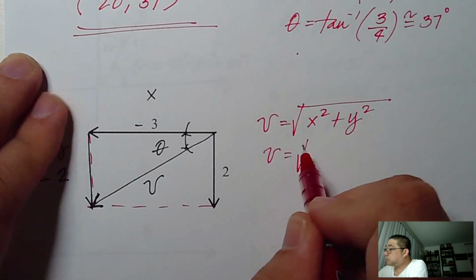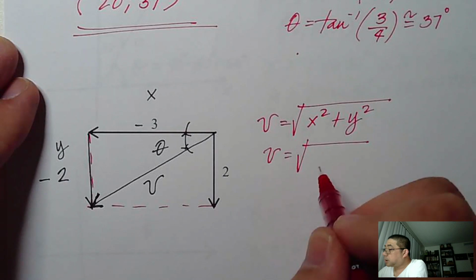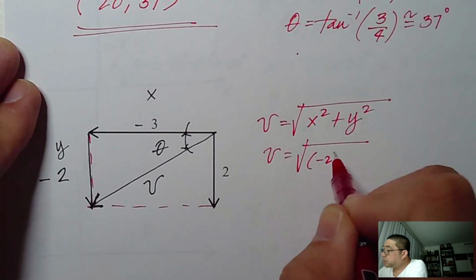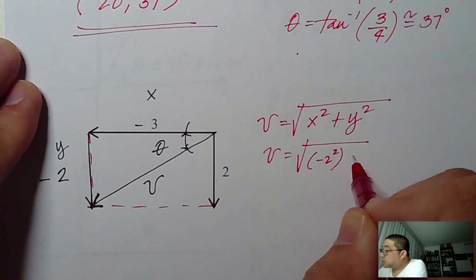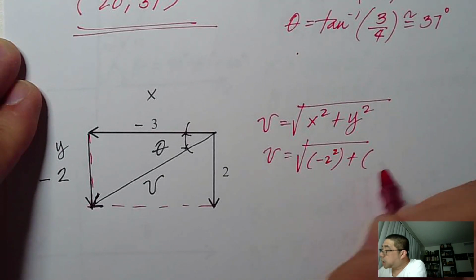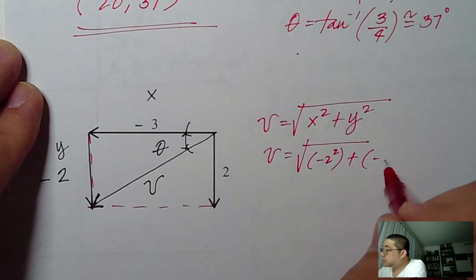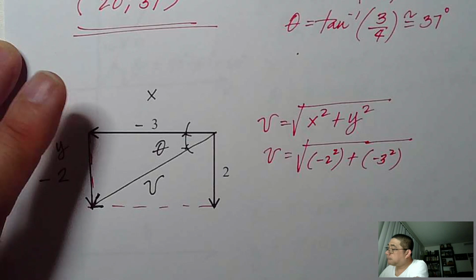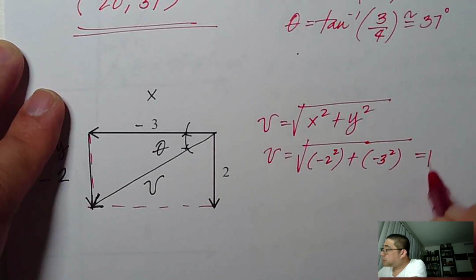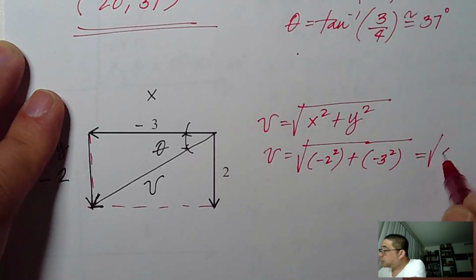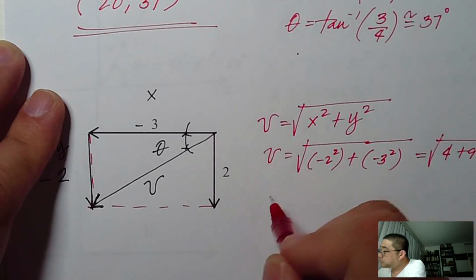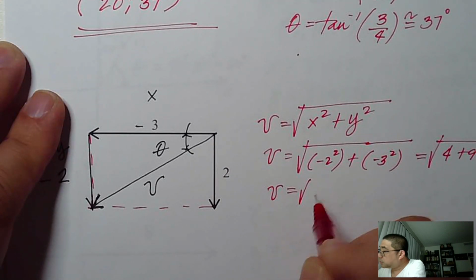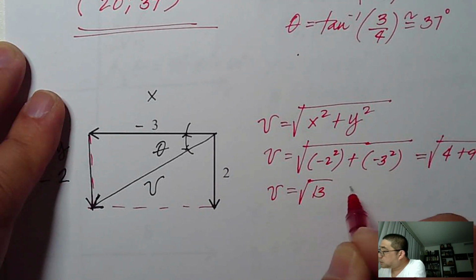So square root of -2 squared plus -3 squared. And that will give you the square root of 4 plus 9. And what is 4 plus 9? Square root of 13.